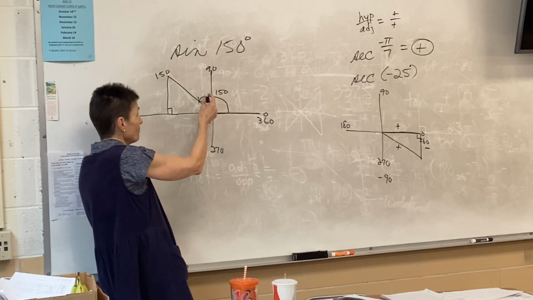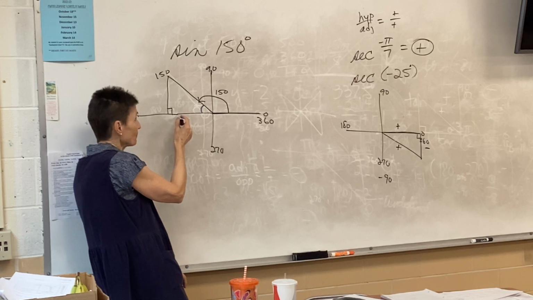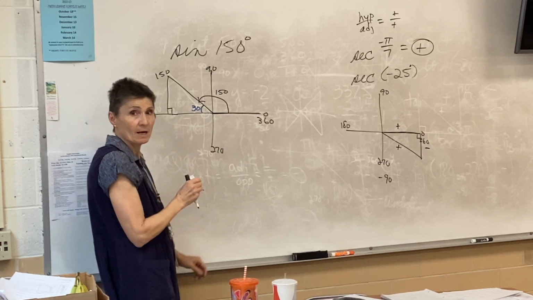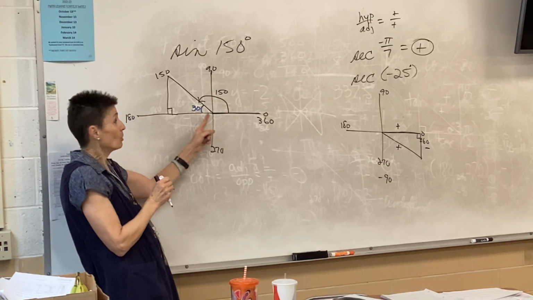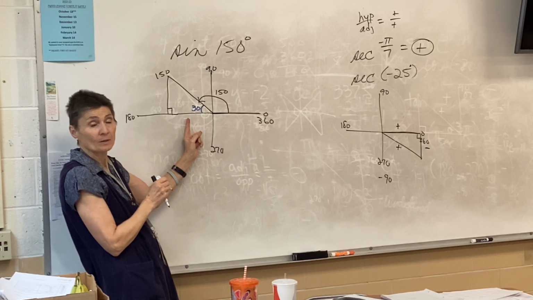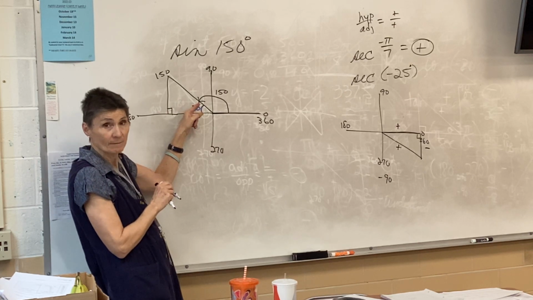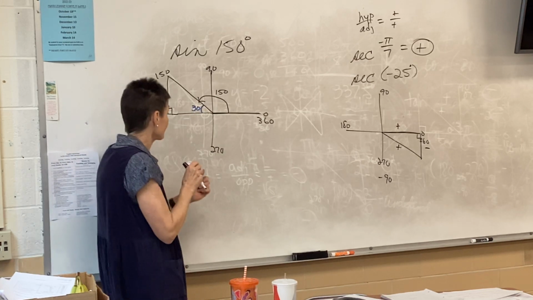If this is 150 and this is 180, then wouldn't the blue angle be 30? Because 150 plus 30 would get you to 180, or 180 minus 30 would get you to 150, whichever way you want to think about it.